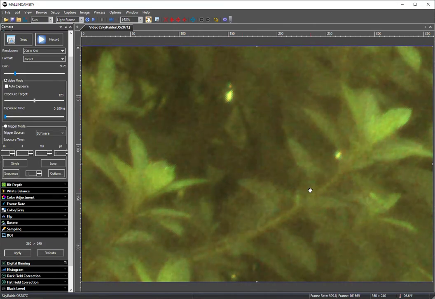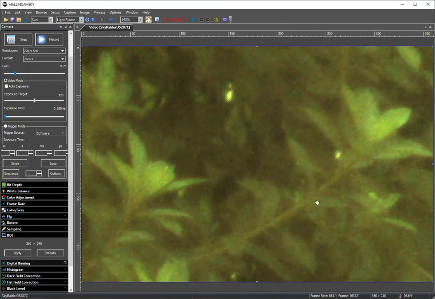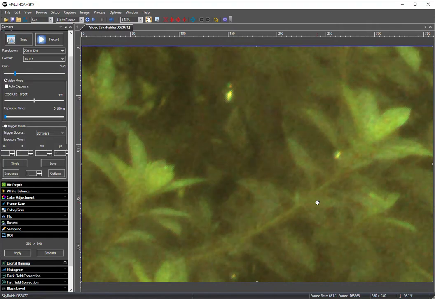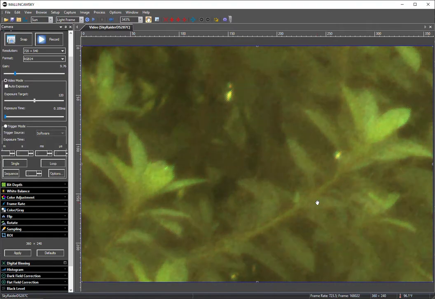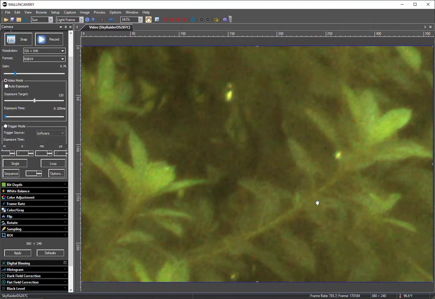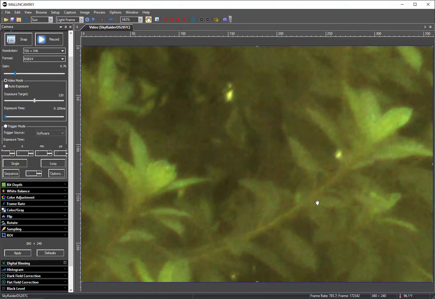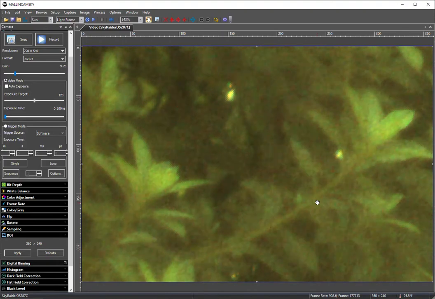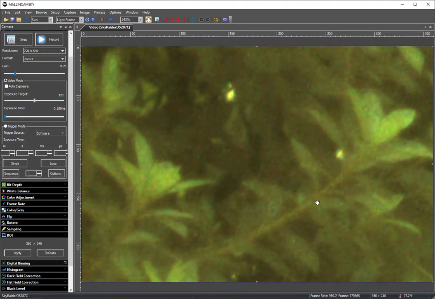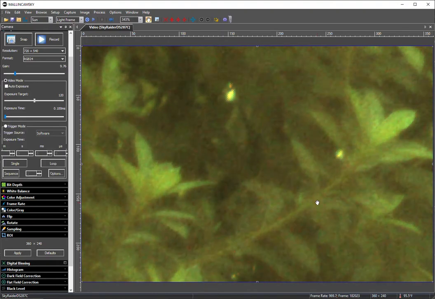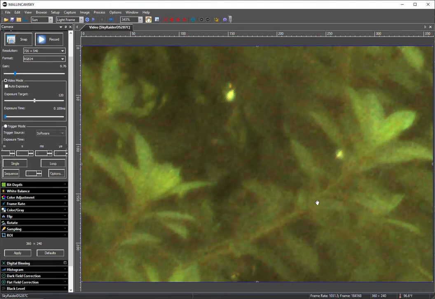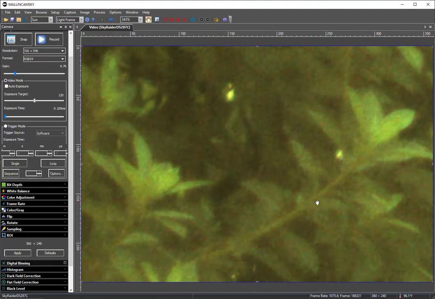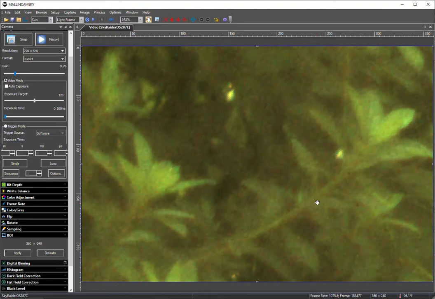I'm at 360 by 240. Frame rate now 660, 723, 785, 850, 908, 970, 1031, 1075.